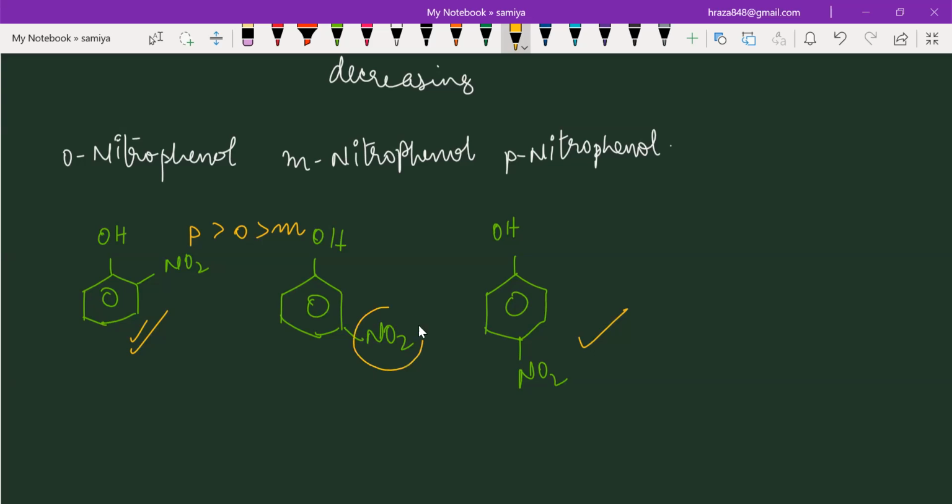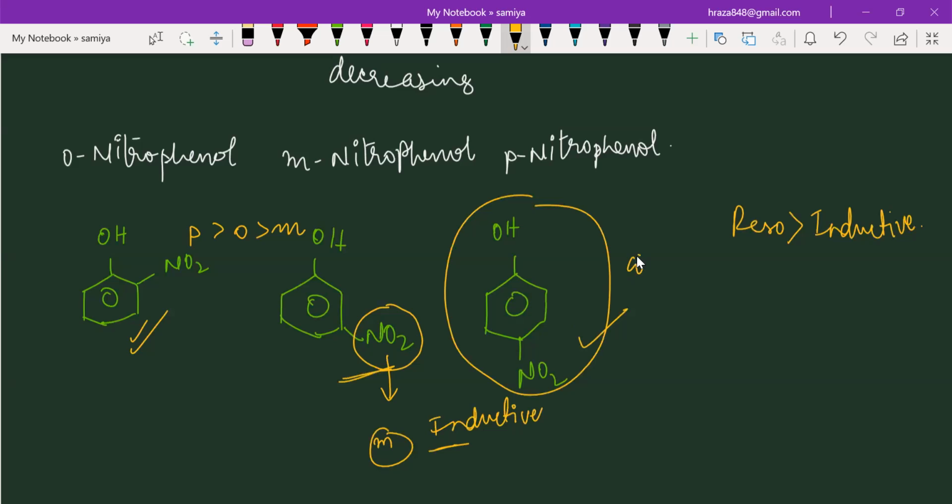And this has a large acidic difference because at the meta position only the inductive effect operates, not the resonance effect. And we give priority to the resonance effect as compared to the inductive effect. Are you getting my point? At the meta position, only the inductive effect takes place, no resonance. So the most acidic is this one, then this second, and this third. Is that clear? Yes, sir.